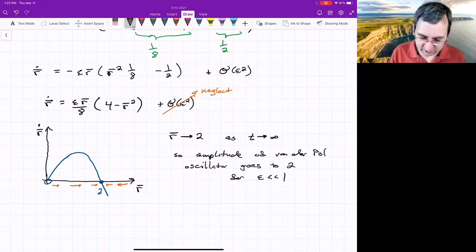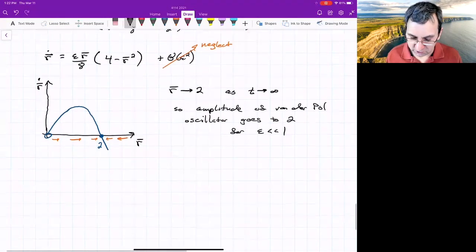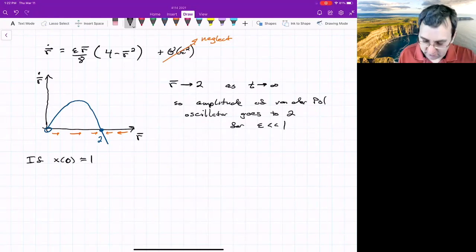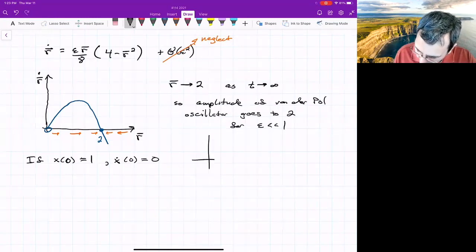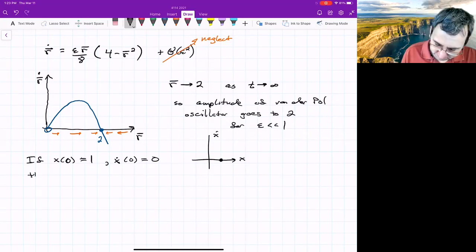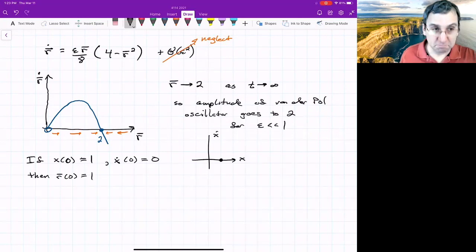We can even analytically solve this ODE. It's useful to have some initial conditions. If x at time 0 is equal to 1 and x dot is equal to 0, so if we're thinking of where we are in this phase plane, starting at that point in the original coordinates, then we get that r bar at 0 is equal to 1 for this 1D ODE, and we can solve the r bar dot ODE.